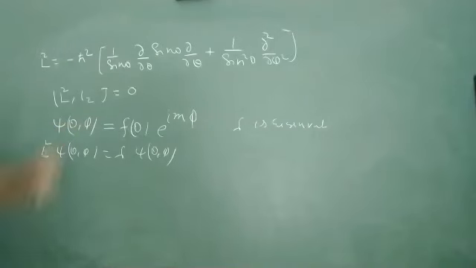This partial differential will convert into a total differential: minus ħ square. This is only partial in θ, so e to the power imφ will be treated as constant.